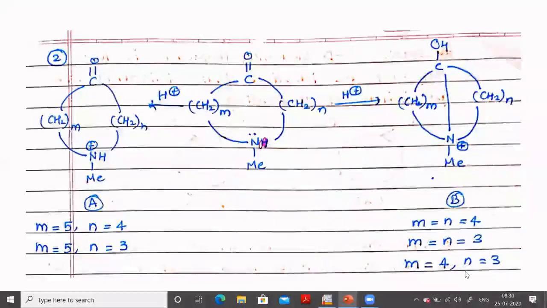So this kind of structure will bring about changes. In this kind of medium size ring, since across the ring the functional groups are present which can interact with each other, they tend to form bicyclo compounds.